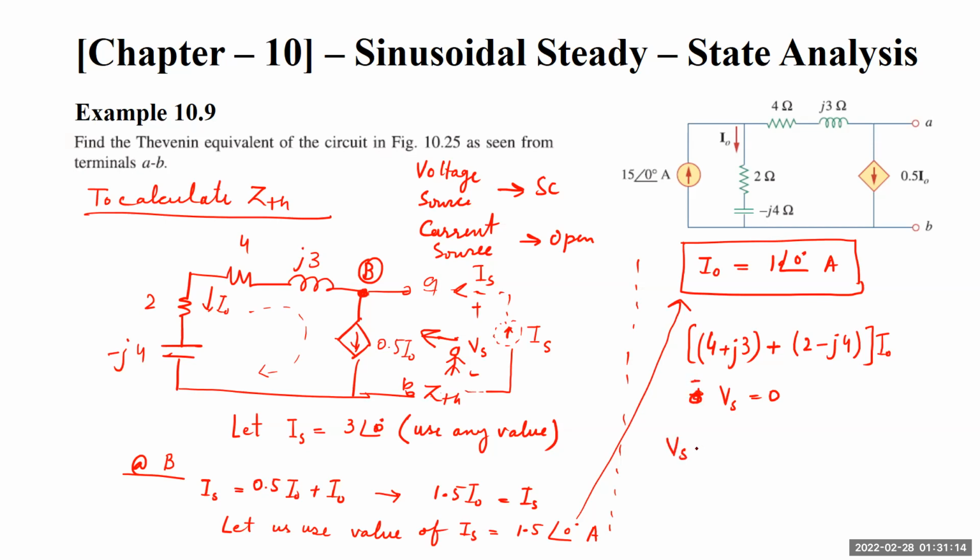So eventually Vs becomes equal to (4 plus j3 plus 2 minus j4) into I naught.